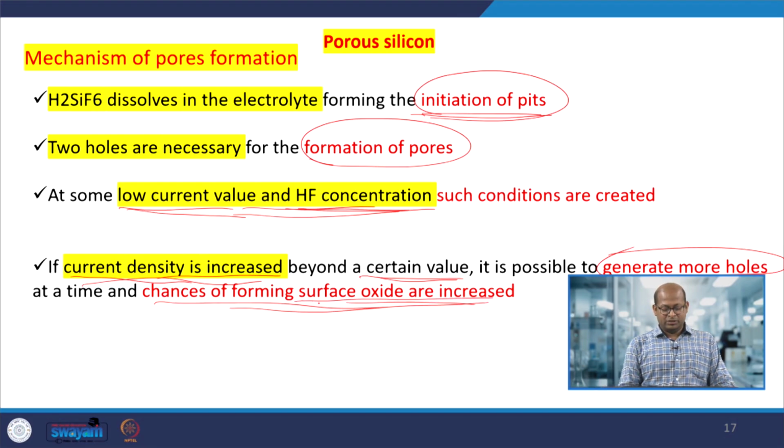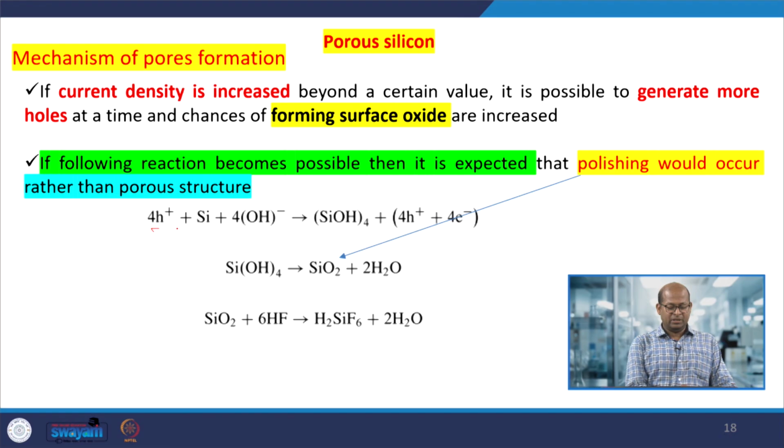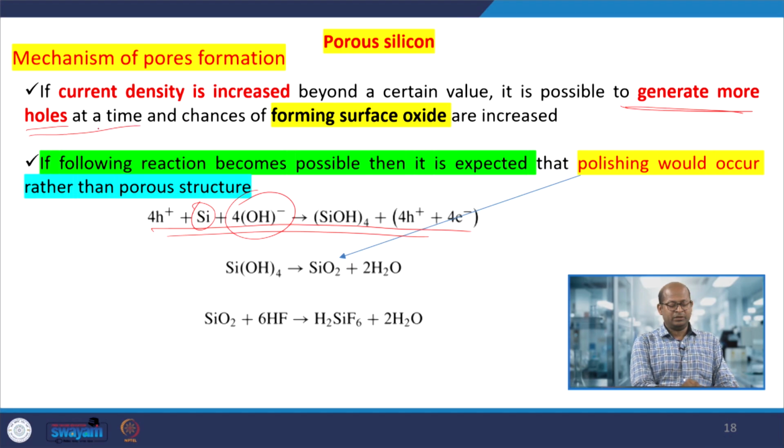So surface oxidation is possible: SiO2 may form above the surface, by this type of reaction, where the hole and the silicon wafer are present. This type of hydroxyl ion formation occurs due to high current, or if we increase current density beyond a certain value, generating more holes at a time, so there is a chance of formation of surface oxides.